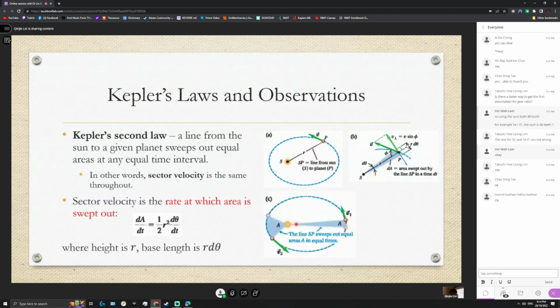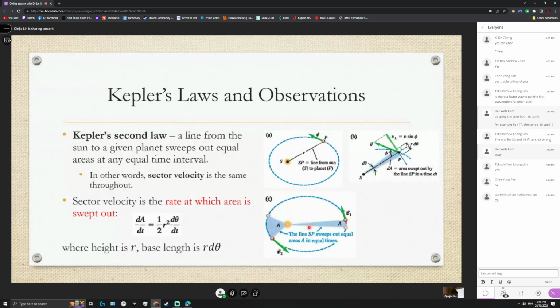So you see, I can better illustrate because they highlight it. If you move from here to here in a certain amount of time, you sweep out this amount of area, correct? This is the area. But if you are closer to the sun, the law says that in the same amount of time, you need to sweep out the same area.